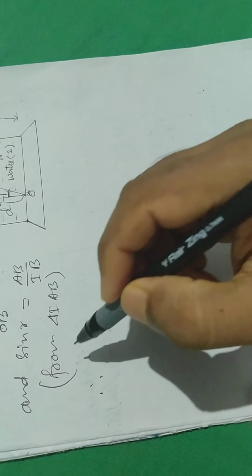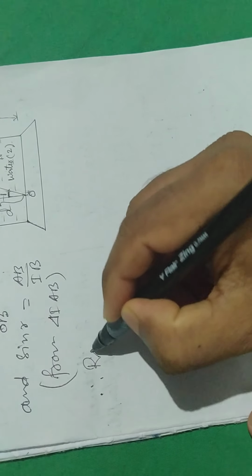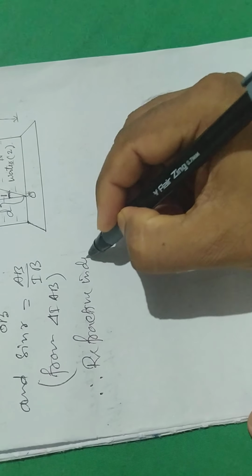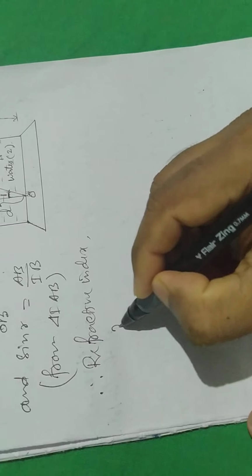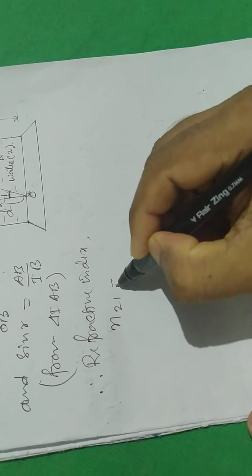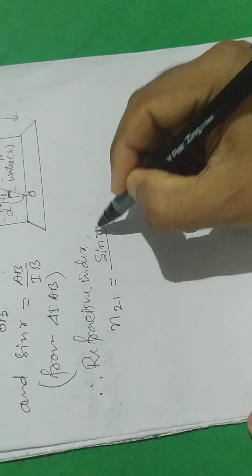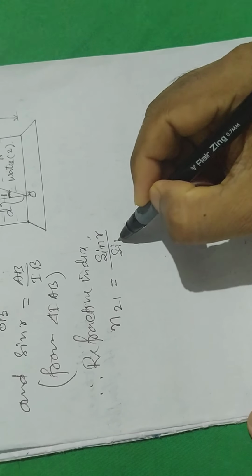Therefore, refractive index n21 equals sin r by sin i.